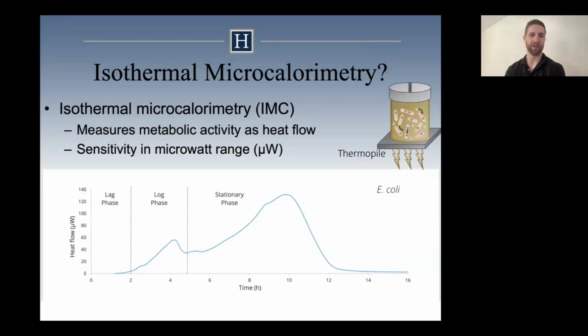And while they may not be growing fast enough on culture plates, calorimetry has the potential to detect them the entire time while they're metabolizing in the process. The sensitivity is in the microwatt range, and you end up with a thermogram, as you can see on the bottom of this slide here, that depicts the different stages of the bacterial growth process.